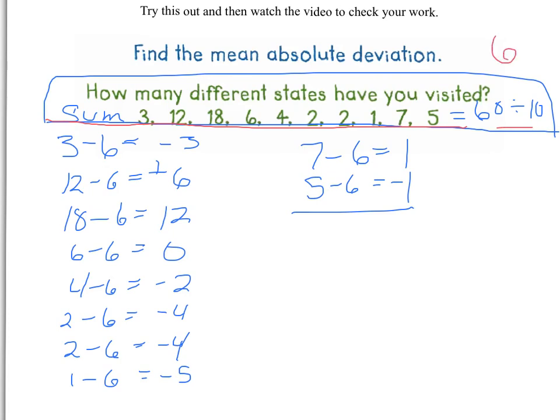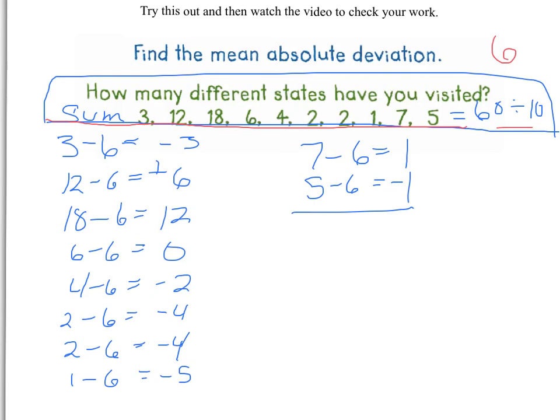Now that I have that mean of 6, I went ahead and found the differences between each piece of this data and the mean. So 3 minus 6 is negative 3. 12 minus 6 is 6, 18 minus 6 is 12, and so on down the line all the way through the set of data. Then remember, we're going to take the absolute value of each of those numbers.